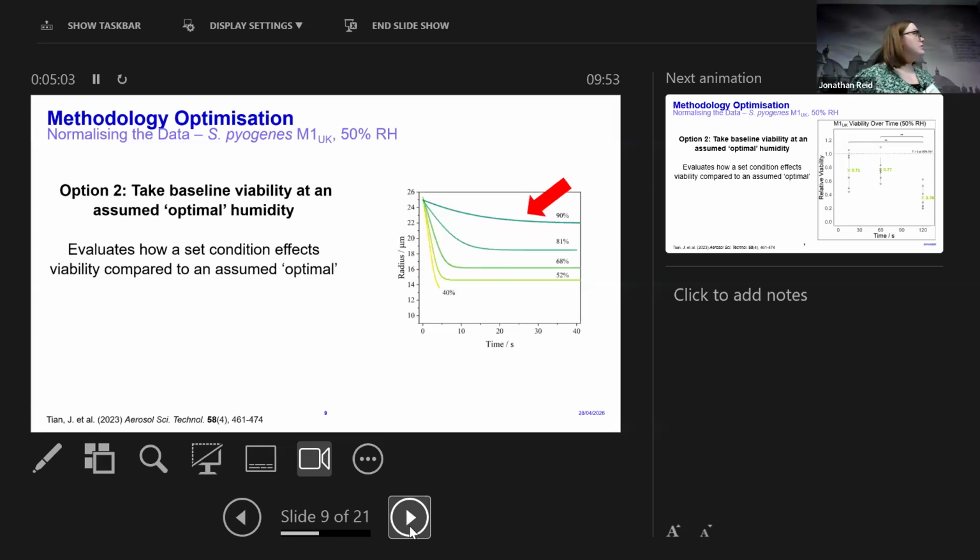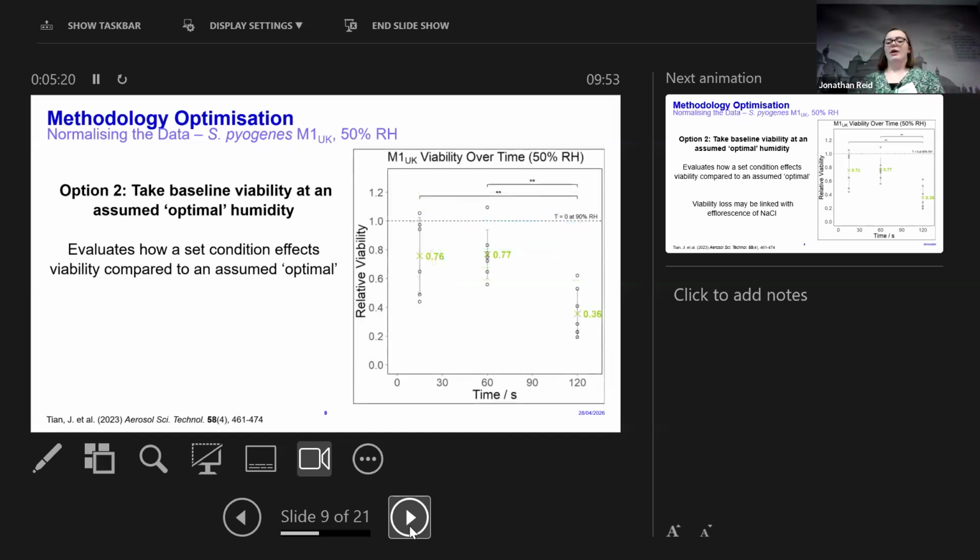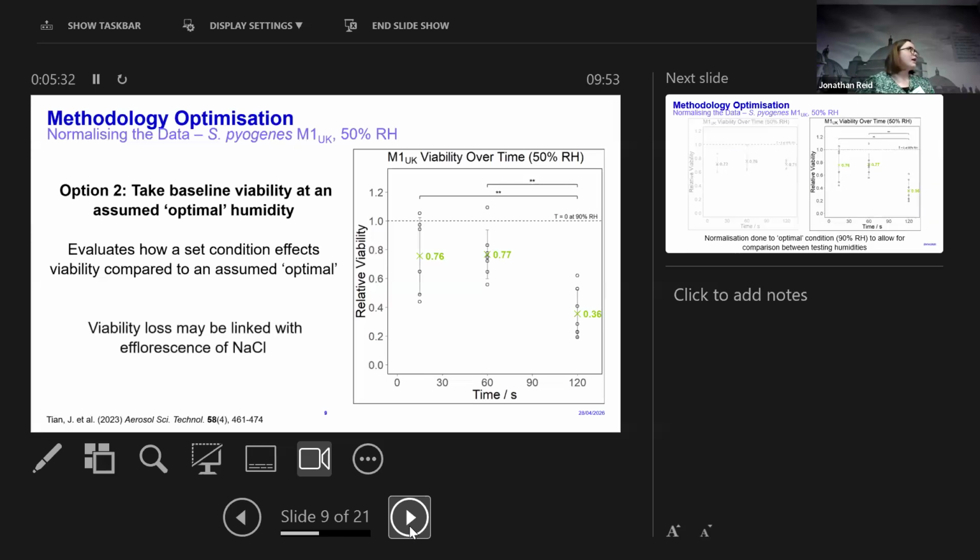We see minimal losses due to evaporation at this time point. So we thought that would give us the best bet of viability in an aerosol, but without any losses due to the condition itself. What we see when we compare our time points to this is actually significant losses in M1UK at 50% relative humidity over time, which suggests that some of the viability loss may be linked with efflorescence of sodium chloride at this humidity.